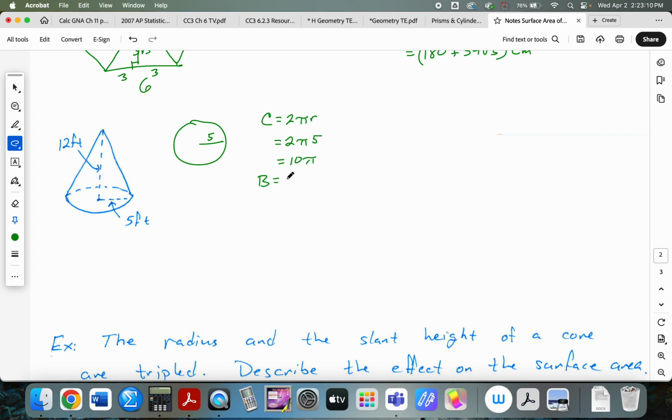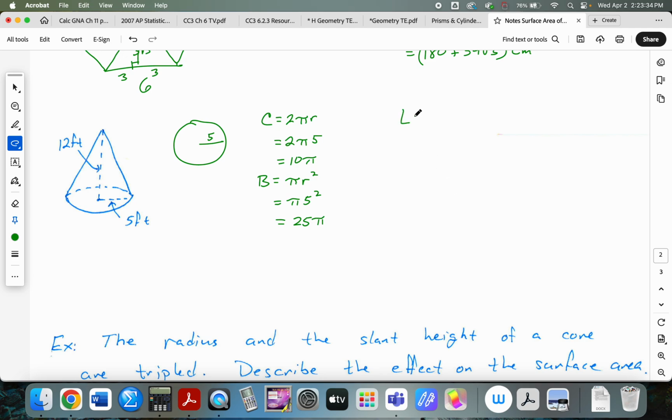The area of the base, since it's a circle, is pi times the radius squared. So that's 25 pi. Do all the stuff for the base first, get it out of the way.